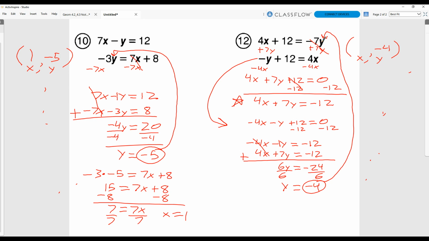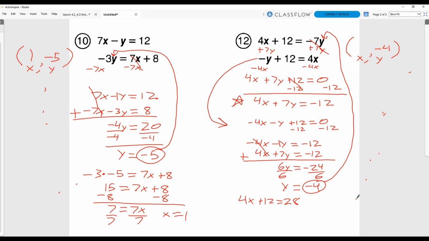Okay, so if I rewrite it, I'm going to have 4x plus 12 equals negative 7 times negative 4, which is going to give me positive 28. So we'll save that step. 4x plus 12 is equal to positive 28. Okay, so we got that there.